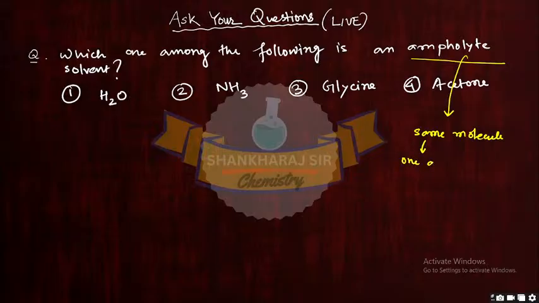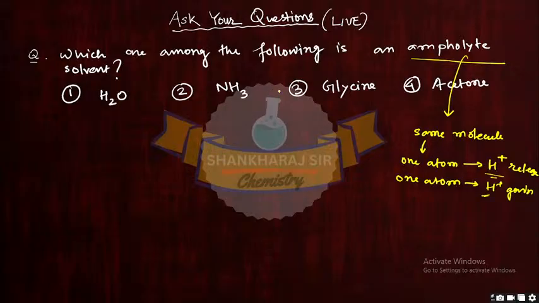One atom will release H plus, and there will be another atom which will gain the H plus. Ampholyte is any compound that has two atoms, and one of them will release the hydrogen and one of them will gain the hydrogen.